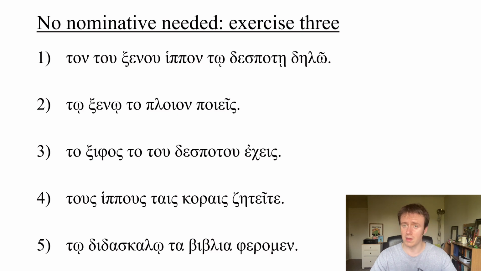You need to look at the person ending of the verb. And you will find those 2 new nouns, biblion meaning book and xipos meaning sword, within these sentences. So keep an eye out for those and ensure that you look at the definite article before those nouns to make sure that you know the case and number of those nouns. So pause the video and have a go at translating these 5 sentences.